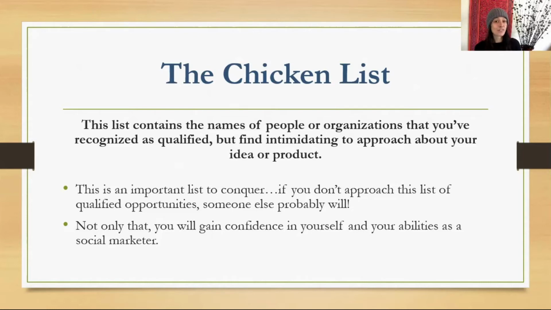Second of all, we're finding out what we need to do as individuals to have the information and how to present it to these people on these lists. Another part of the chicken list is that you will gain confidence in yourself and your abilities as a social marketer when we start addressing the people on all of these lists, but especially people on our chicken list.